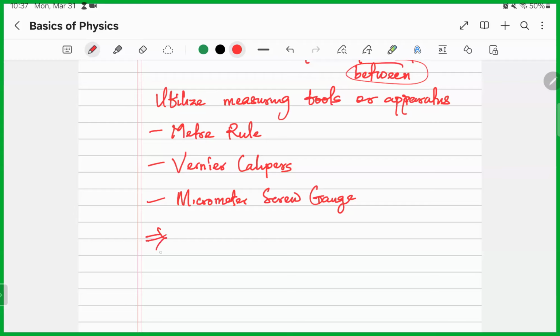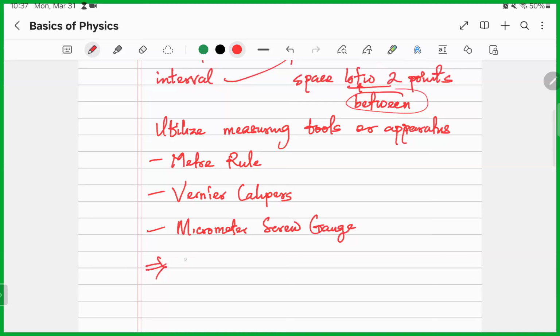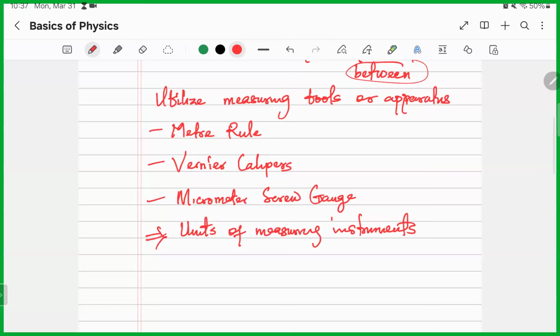When we speak of length too, we have the discussion of units. Units of measuring instruments come into discussion. Every measuring instrument has its unit.